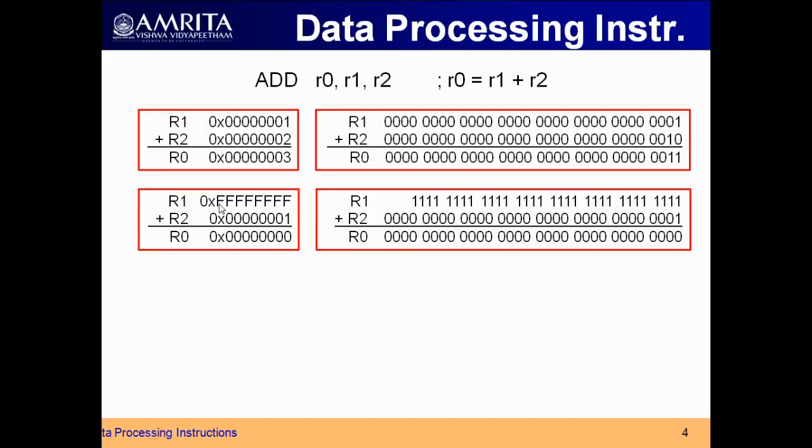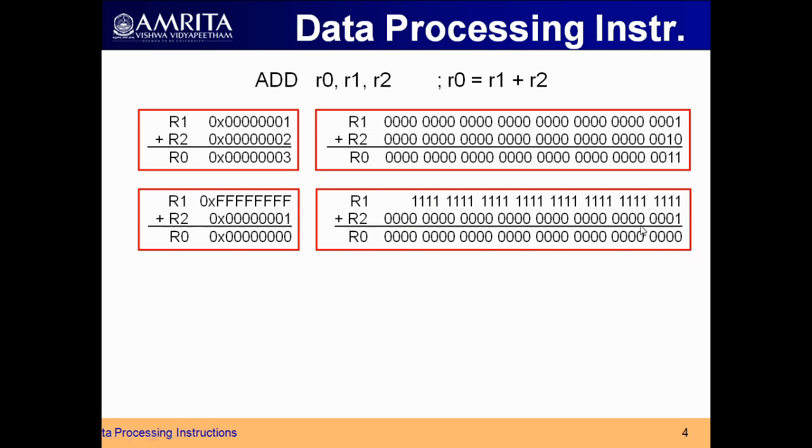When you are adding FFFFFFFF plus 1, you will be getting a result as 0. This is the corresponding binary representation. So 1 plus 1 you will be getting 0, again with the carry 1. So all the bits will be zeros. You will be getting 32 zeros. So 0 will be the result.